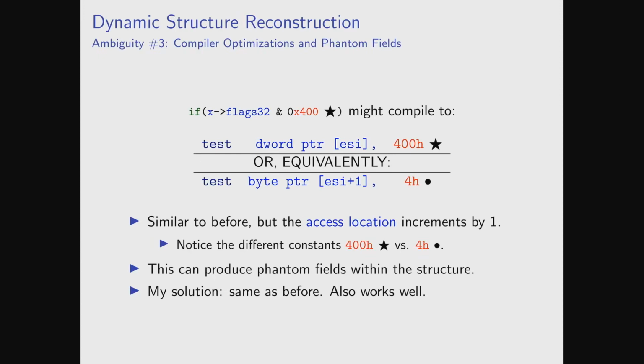This gives rise to a similar optimization opportunity, except since the 400 hexadecimal only has a non-zero byte at +1 into the constant, we can still convert it into a byte-size access exactly as we did on the previous slide, but we have to increment the address that we're accessing by 1, which is why you see the ESI +1 in the second assembly language instruction. So now it looks like we have this field within the structure that's not really there, that access arose as a result of a compiler optimization.